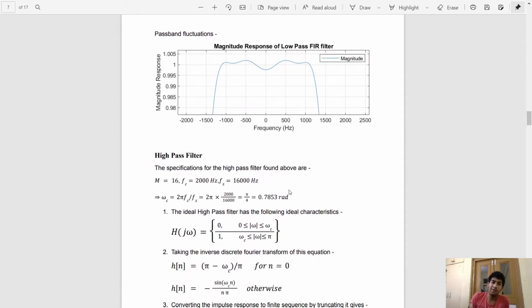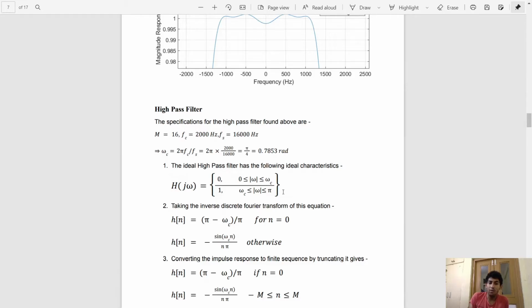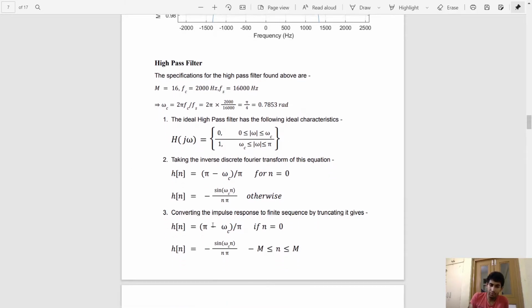Similarly, we can design the high pass filter. The design specifications are the same, but what changes is the ideal high pass characteristic. From 0 to ωc, the value of the ideal high pass filter is 0, and from ωc to pi it is 1, and the same on the other side.